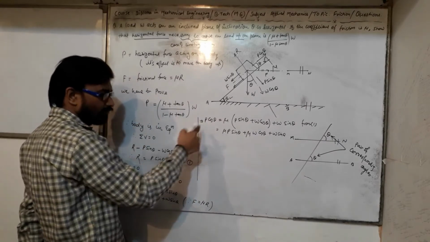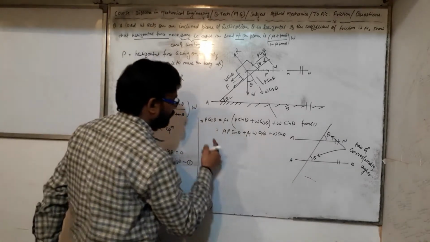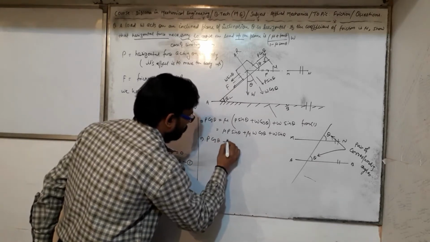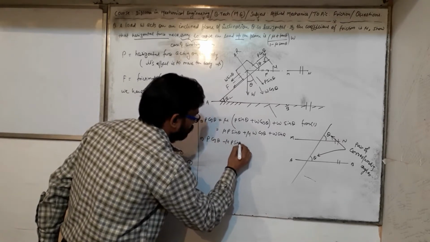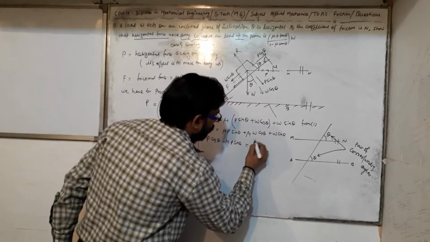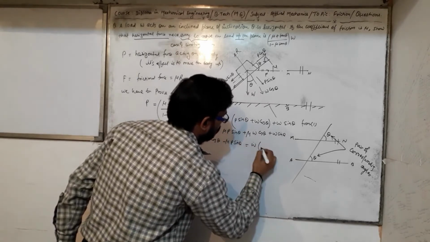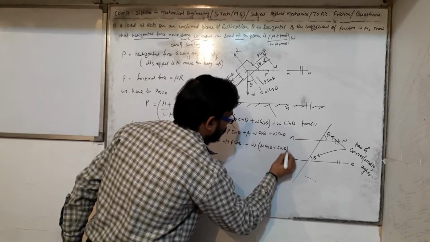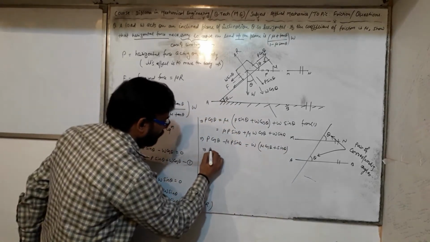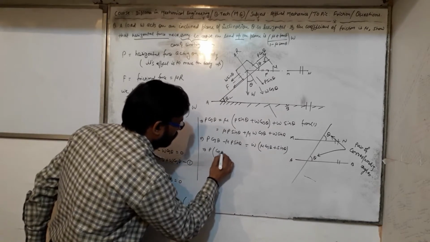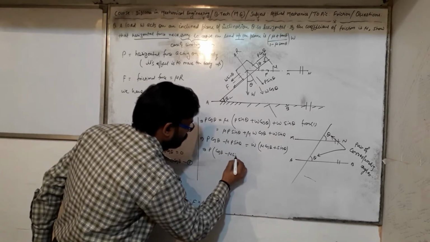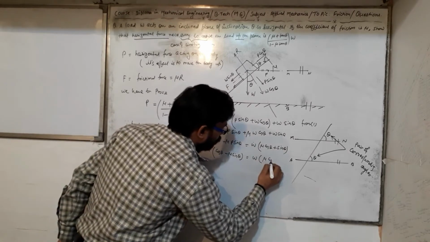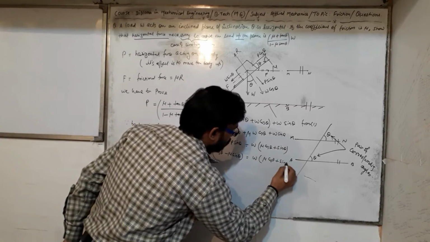Why? Because we have to separate P from other things. So we can say P cos theta minus mu times P sin theta equals W times mu cos theta plus sin theta. Now if I am taking P common, then P times cos theta minus mu sin theta is equal to W times mu cos theta plus sin theta.